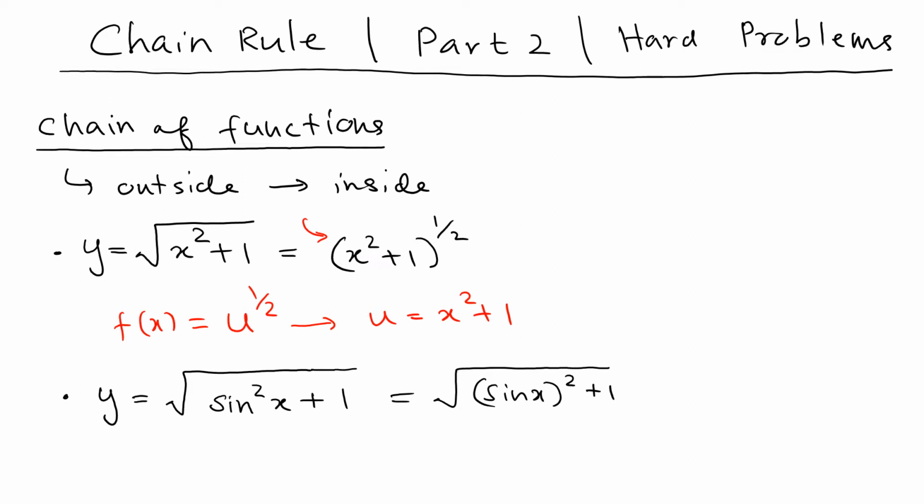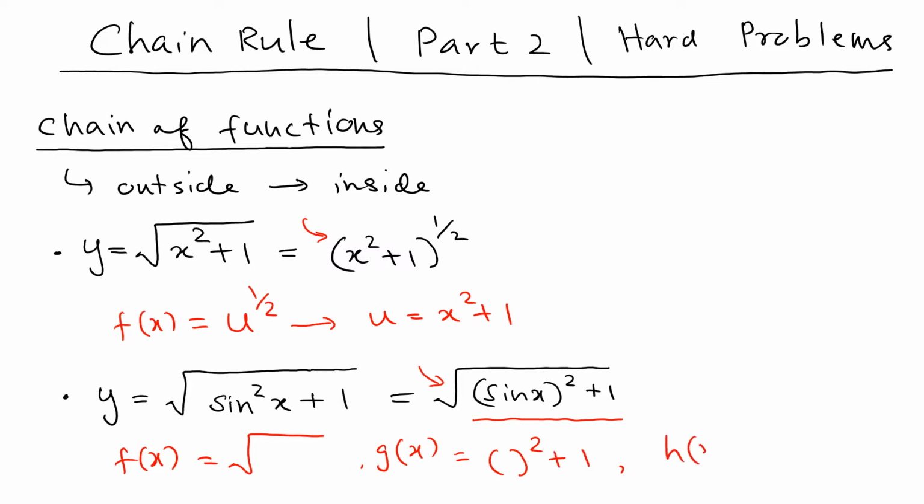And then we have g(x), the second function. After the square root, you go inside, and what you have is something squared plus 1. And then as the most inner function, you have sine x.